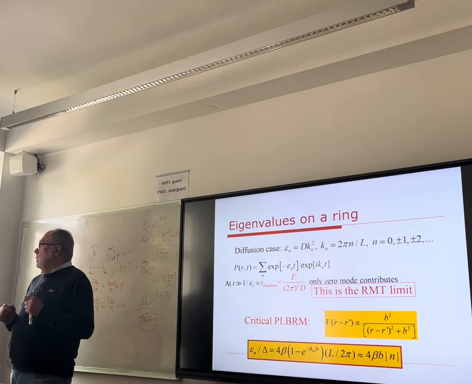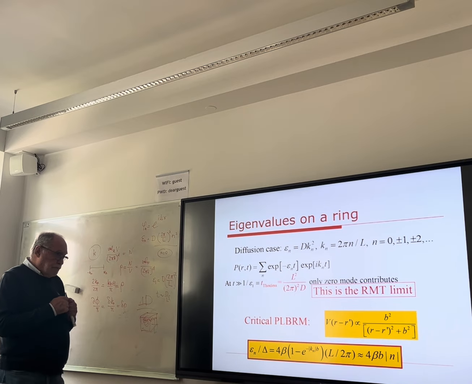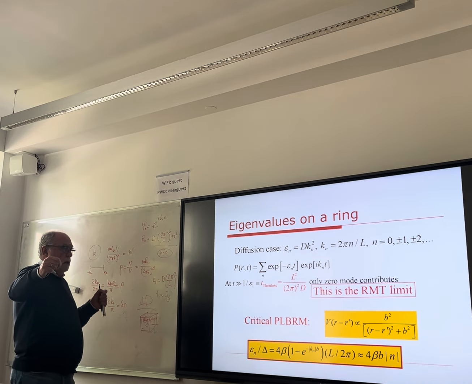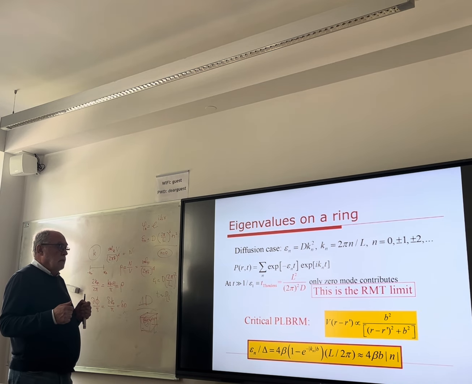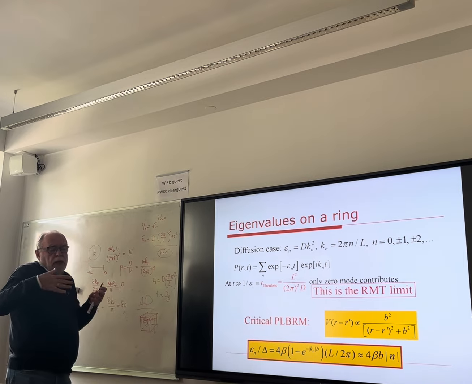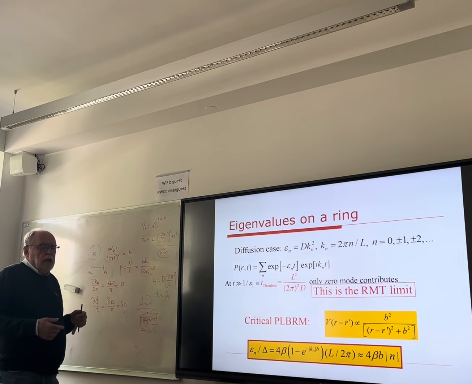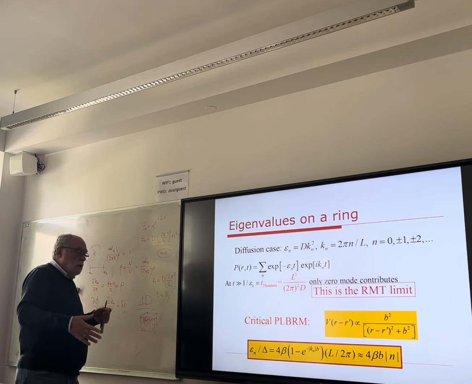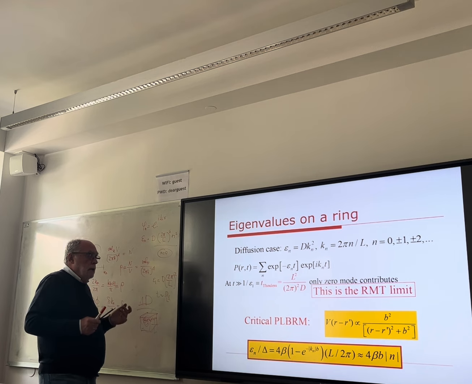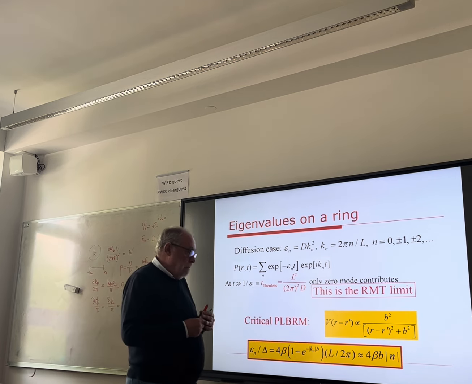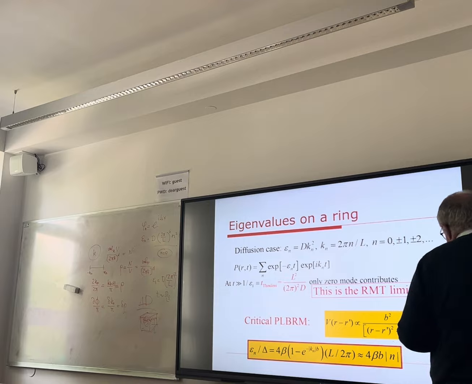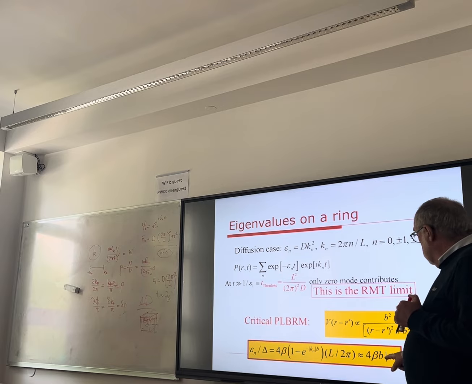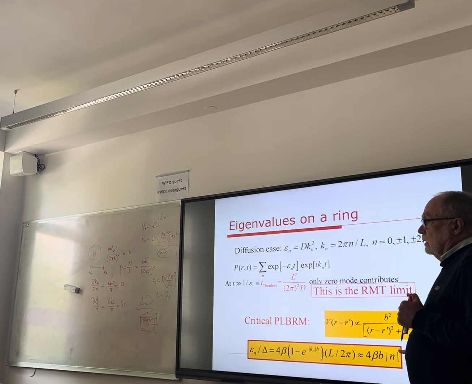Because each matrix can be viewed as a one-dimensional system with hopping, short range or long range, and in a one-dimensional system, the power 1 is a critical one.